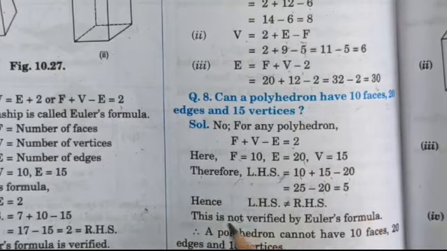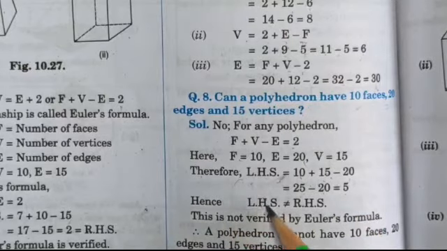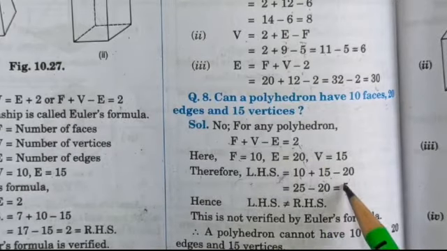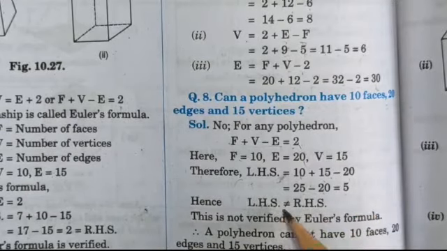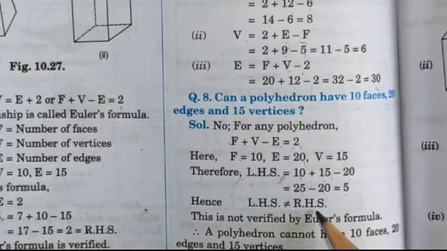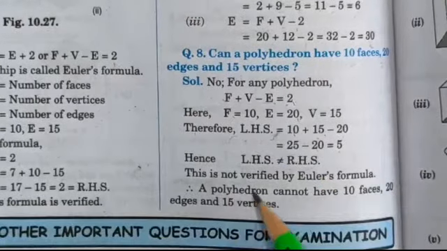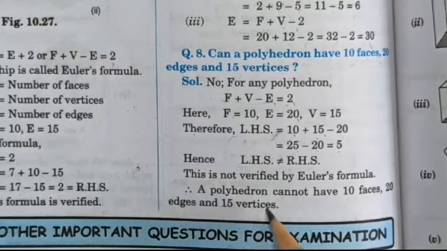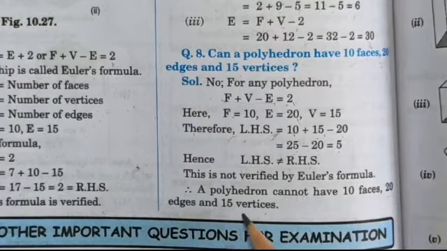So, hence the left hand side is not equal to the right hand side, that means these 2 and 5 are different. This is not verified by Euler's formula. Therefore, a polyhedron cannot have 10 faces, 20 edges and 15 vertices.